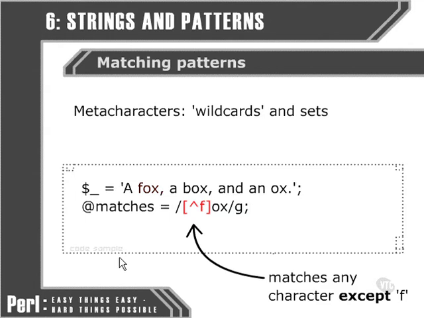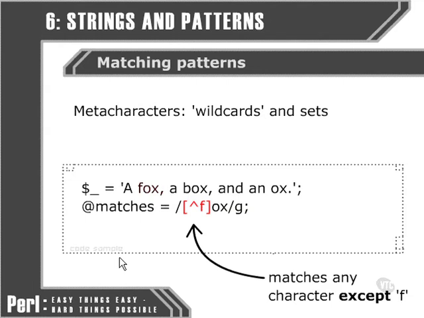We're also able to use a special character, and this is like an exponential character, but it means something quite different within the context of the character set. Here we're matching every character except an F, and we could add whatever characters we wanted to that set, as long as they came after that first symbol to tell us that this is a negative set.